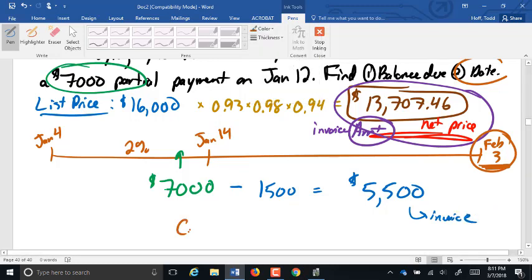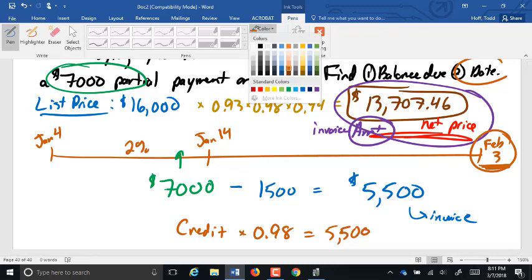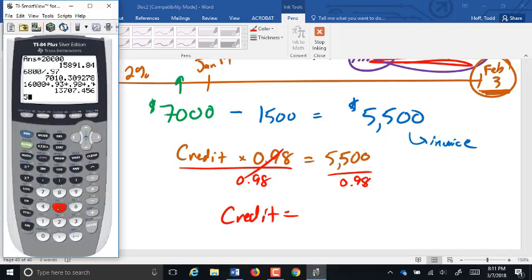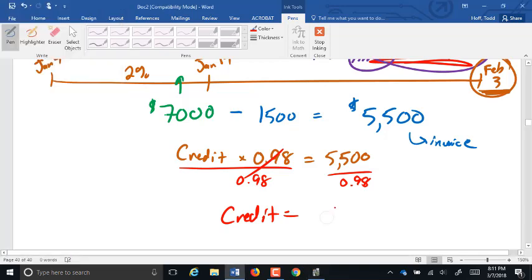Then what? Perfect. It's a 2% discount, so the credit is times 0.98 to get that amount paid of $5,500. So we divide by 0.98. So the credit amount is going to be $5,612.24.